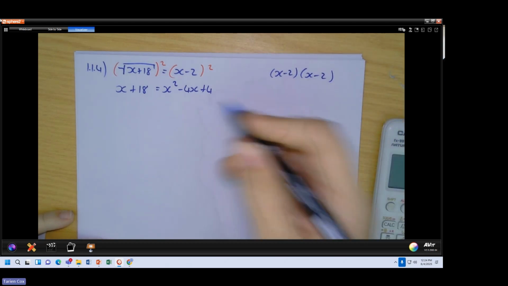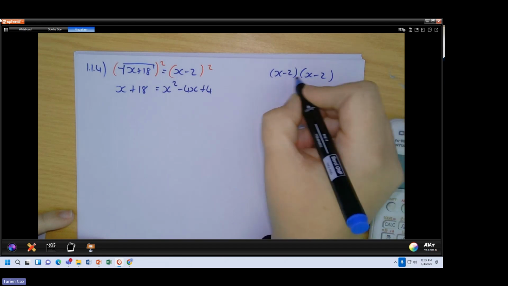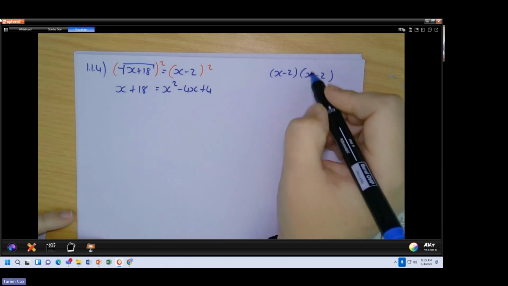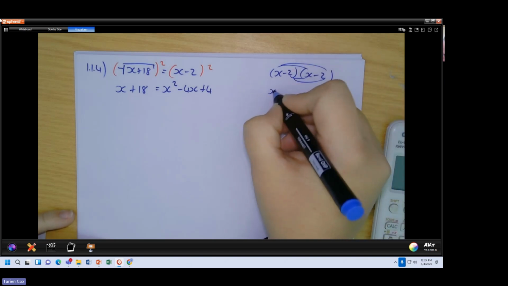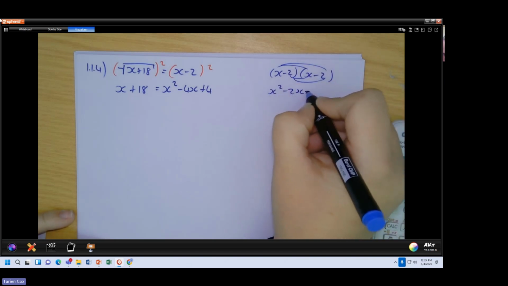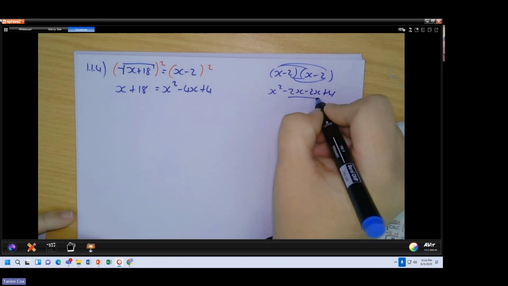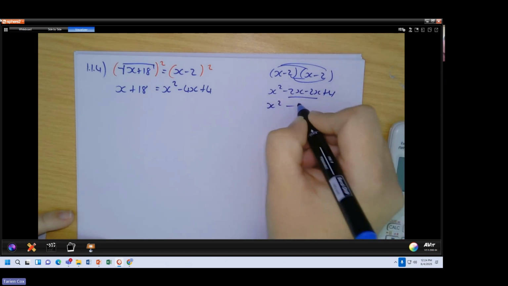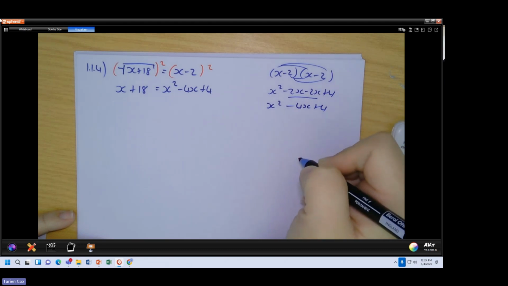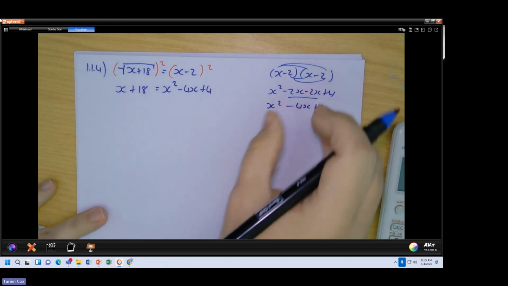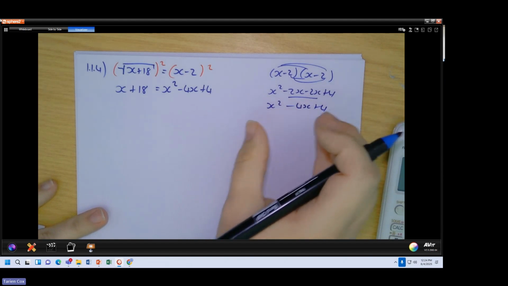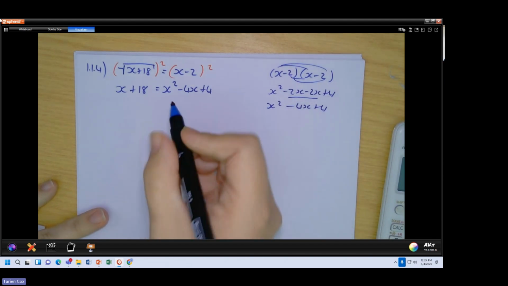On a side somewhere, even on the question paper itself, you can just quickly do your FOIL method, where you multiply out your brackets and you get x squared minus 2x minus 2x plus 4. They are similar, and then -4x plus 4. Then you can just slot it into the question. But that is if you are still struggling, and there's no problem with that. You still have that option.